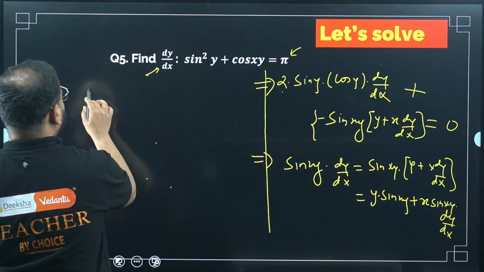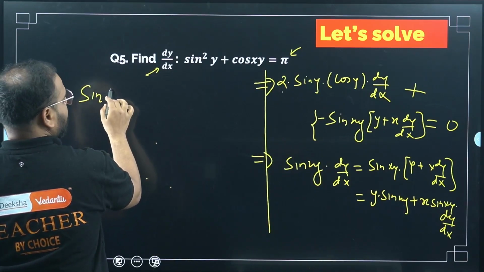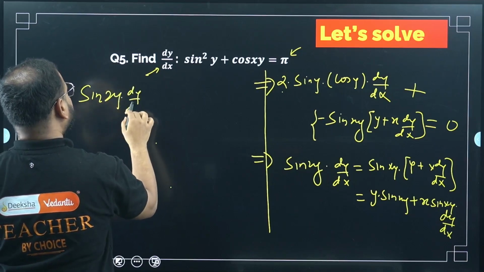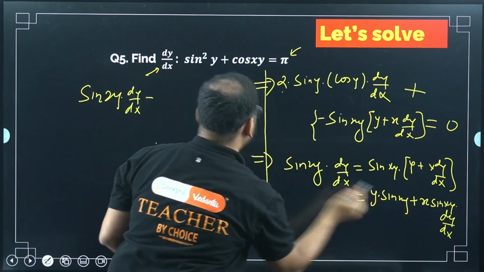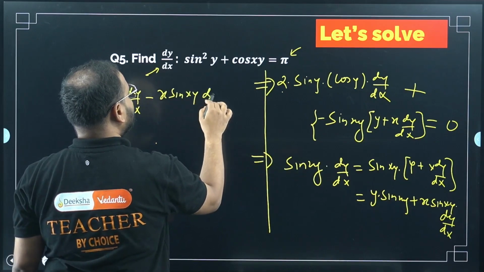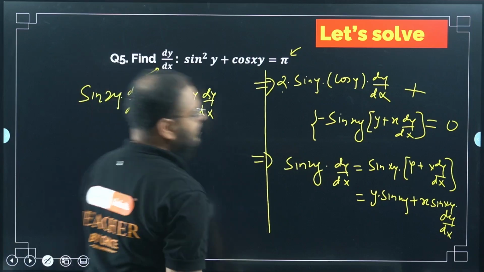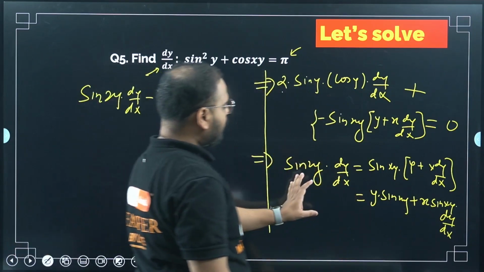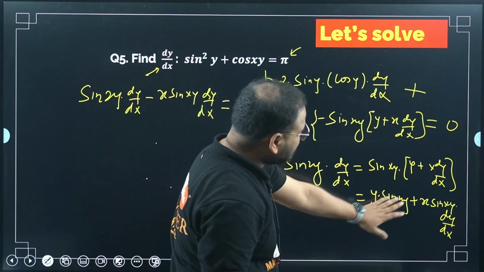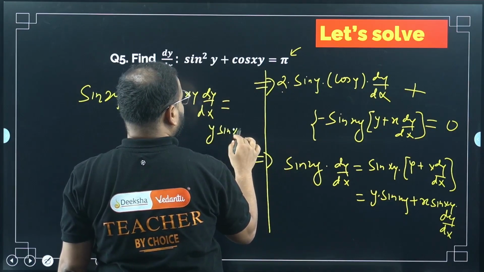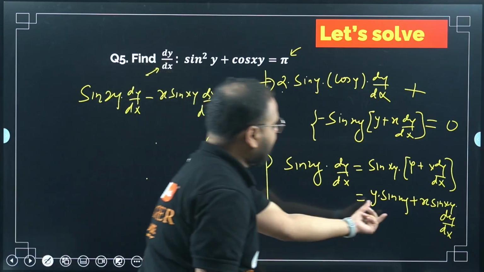You'll have sine 2y dy by dx minus this thing x sine xy dy by dx. Now what is left over on the right hand side? I have only y sine xy left.